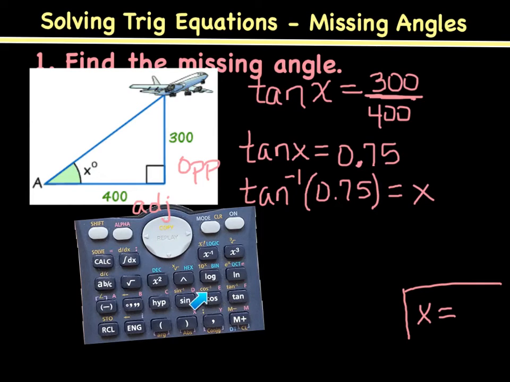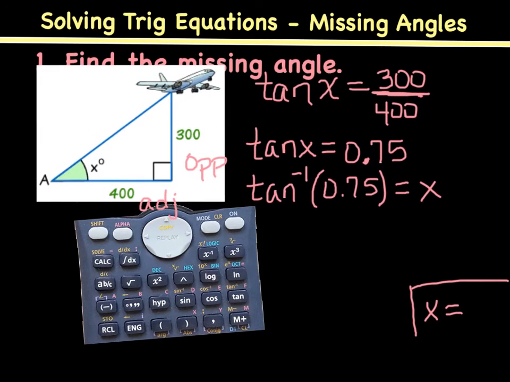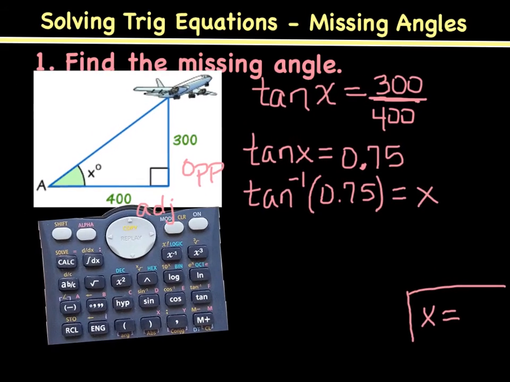The way you get to those on your calculator is you use the shift button. So you'd push shift, then inverse tangent, and then your number, and equals. And guess what? It's going to give us the angle that we need. It's pretty cool. I know it's kind of weird.